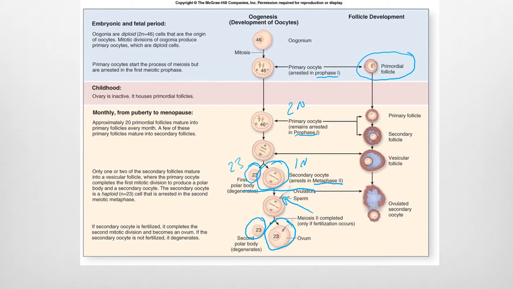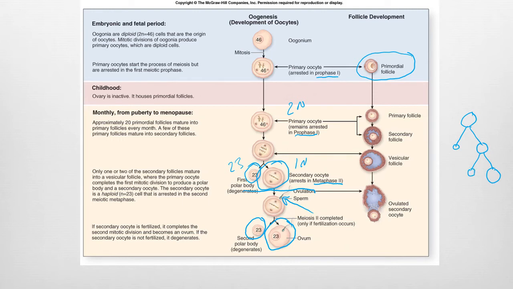But the key here is that we started out with one cell. That one cell divided, and we had our secondary oocyte and our first polar body. That second cell, then if it became fertilized, became our ovum and our second polar body.